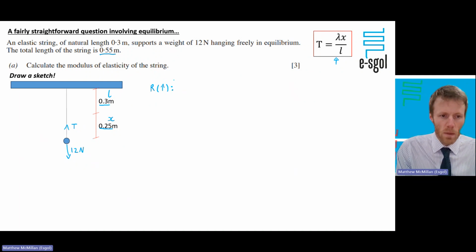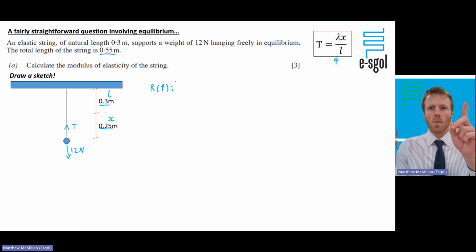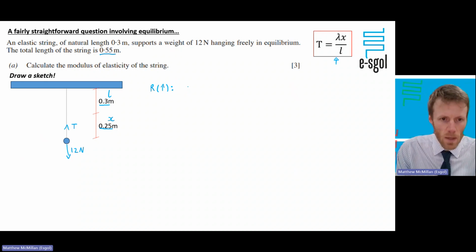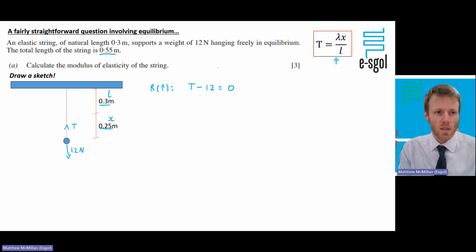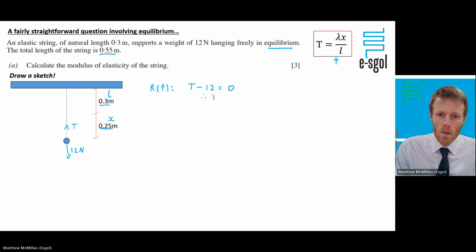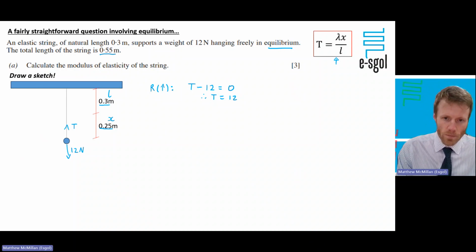So I'll start by resolving my forces, and I'll take upwards as the positive direction here. Pulling us up, we have the tension, and pulling us down, we have 12 newtons, and that should equal 0, because the thing is not accelerating, it's in equilibrium. That means that tension is 12. You probably didn't need to write that. You could probably just see that T was equal to 12.